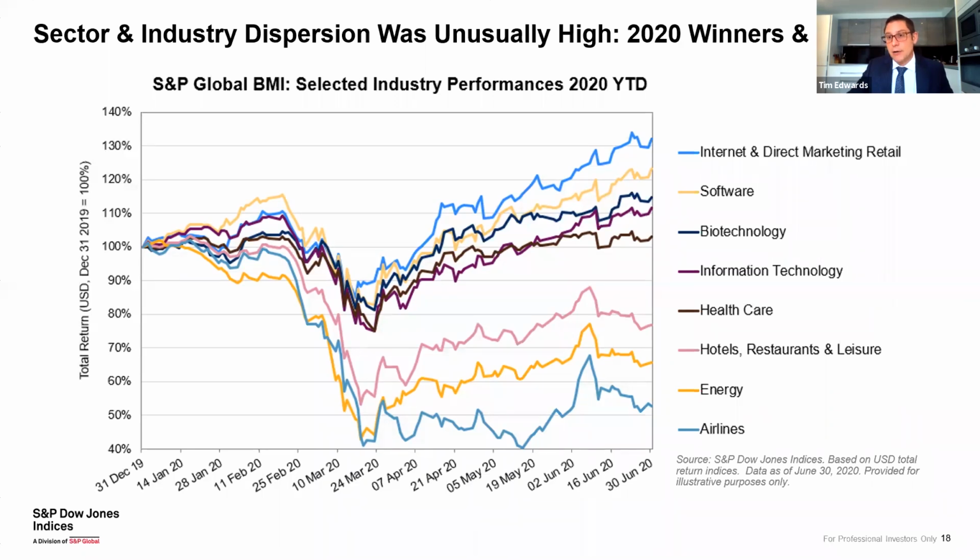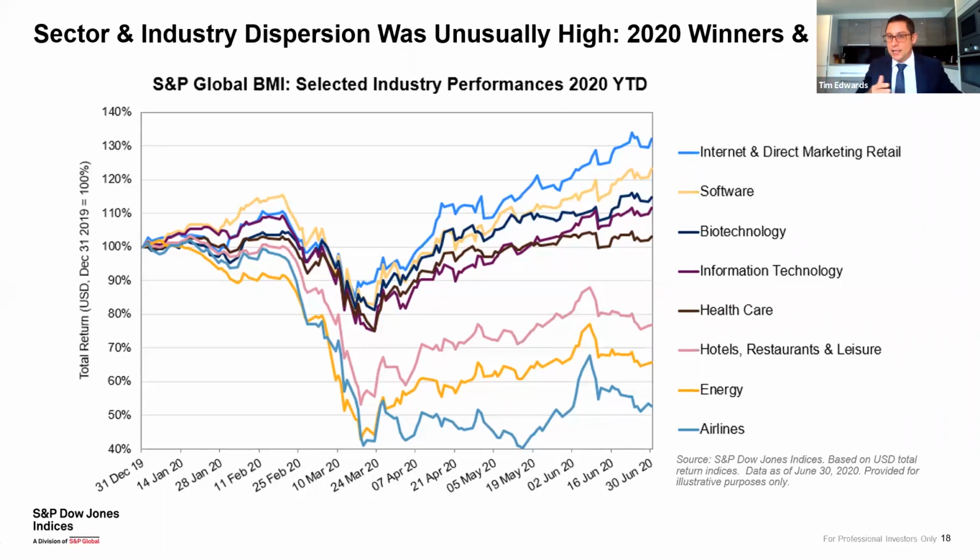So internet and direct marketing retail, companies like Amazon, companies like eBay, those that can continue to service consumers without storefronts. Software, another obvious one, but also biotechnology. And the overall information technology and healthcare sectors have been performing very strongly.